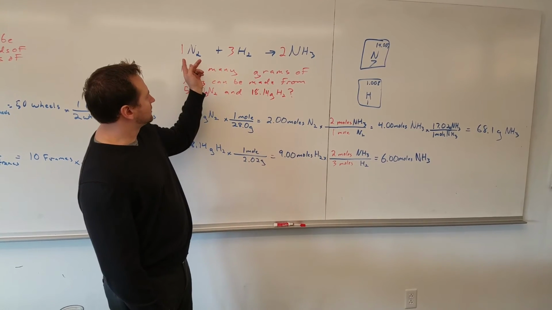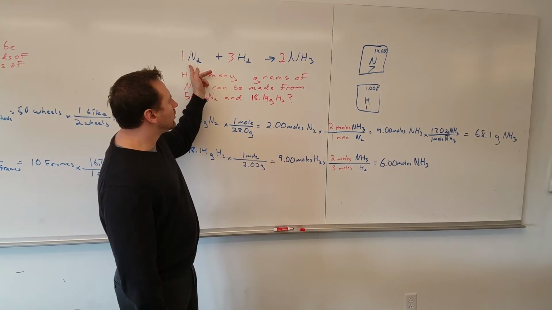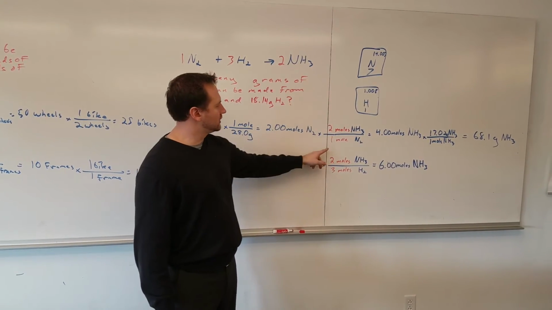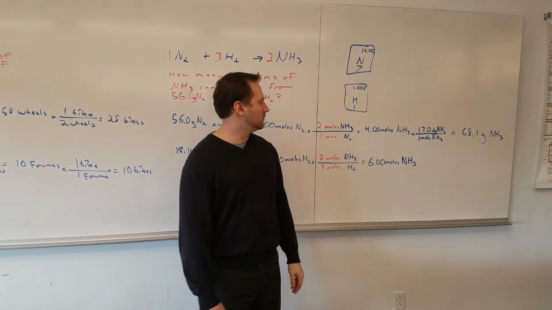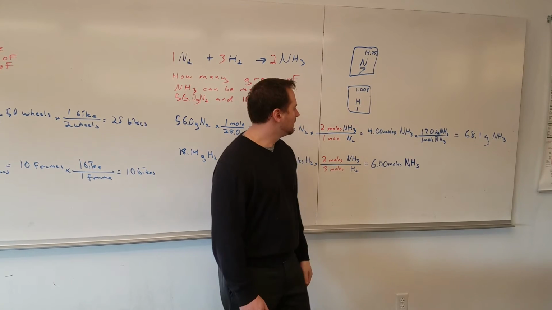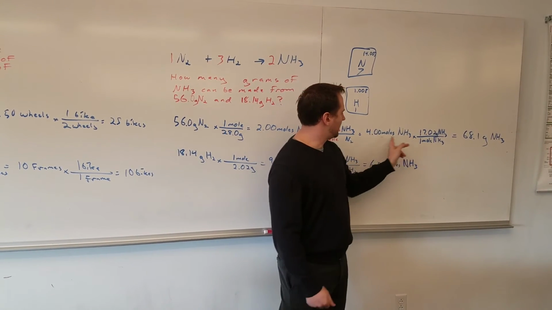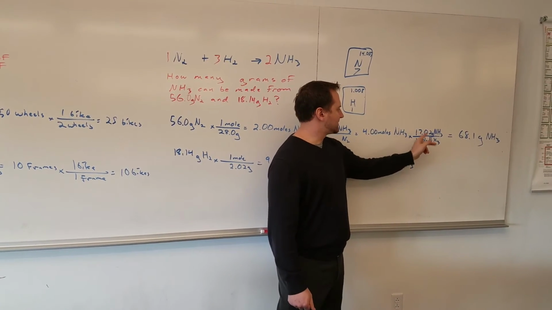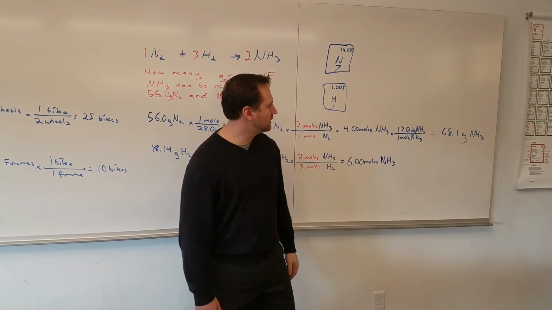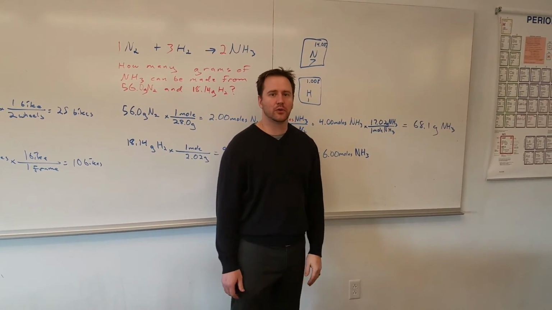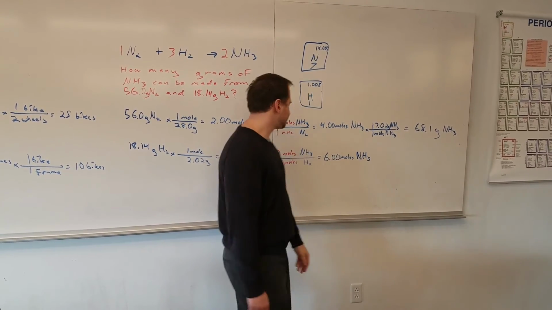And knowing that this ratio says for every 1 mole of nitrogen you make 2 moles of ammonia, then from the nitrogen you'd make 4 moles of ammonia. If you wanted to figure out how much that weighed, you would just multiply the 4 moles of ammonia by the 17 grams in 1 mole of NH3, and you would get a mass of 68.1 grams of ammonia you could make from the nitrogen.